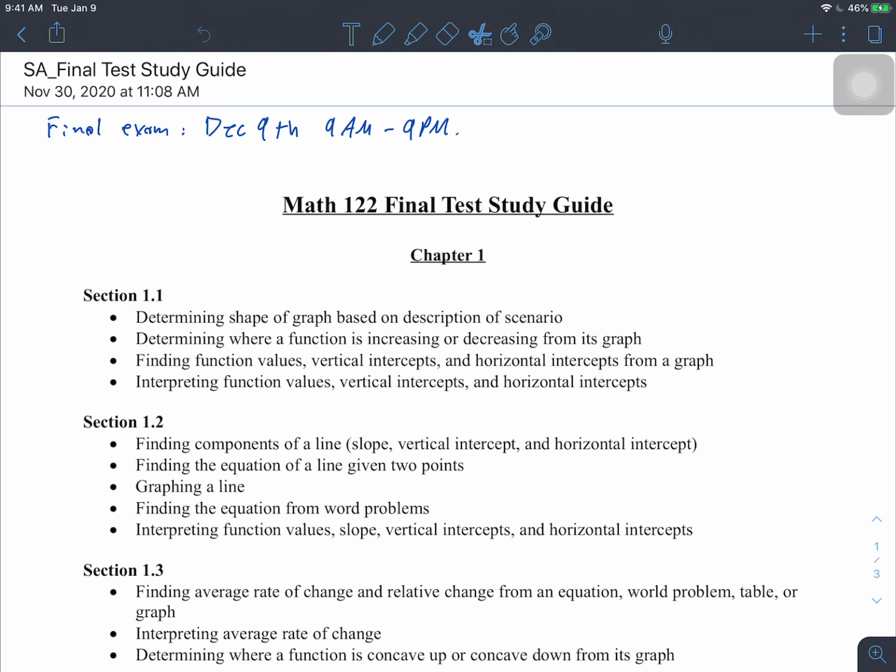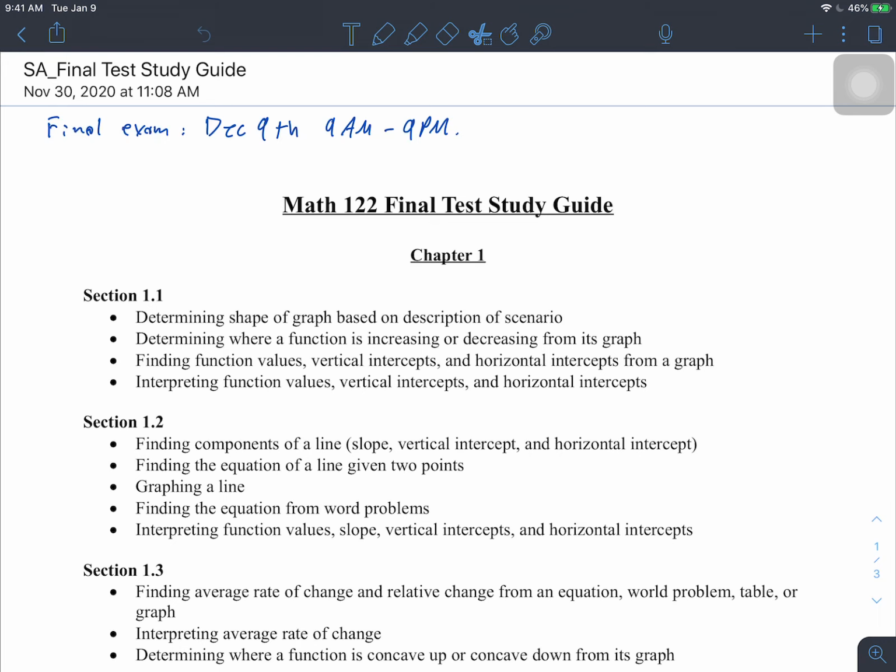Okay, hello everybody. What we're going to do today is a bit of a review type thing. Nobody really sent me anything in particular that they wanted to see in the review guide. So what I decided to do is go through this study guide, which another instructor was kind enough to put together for everybody.